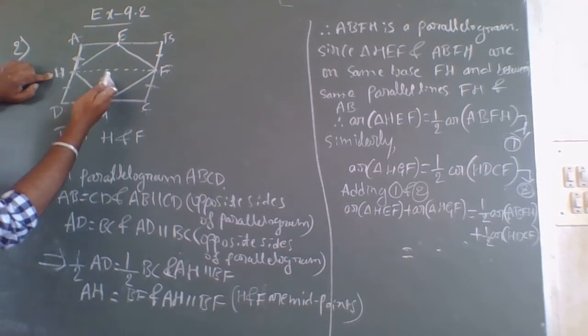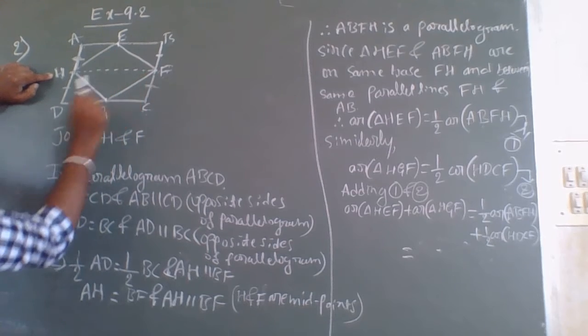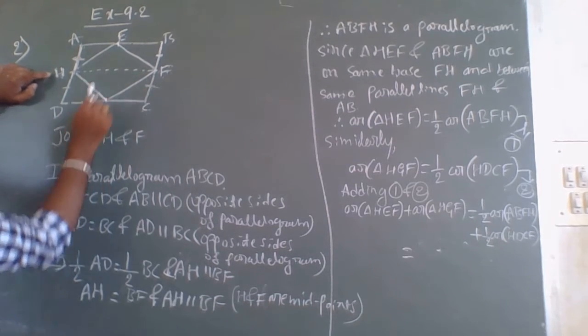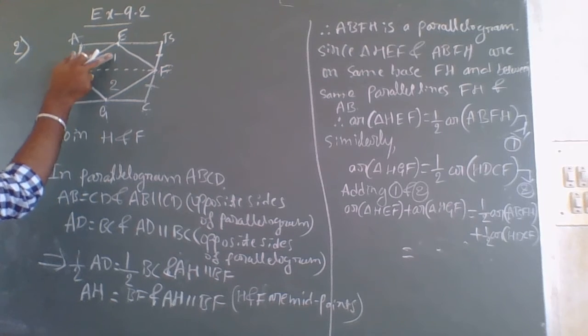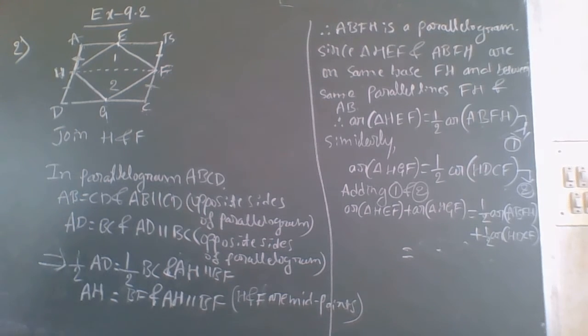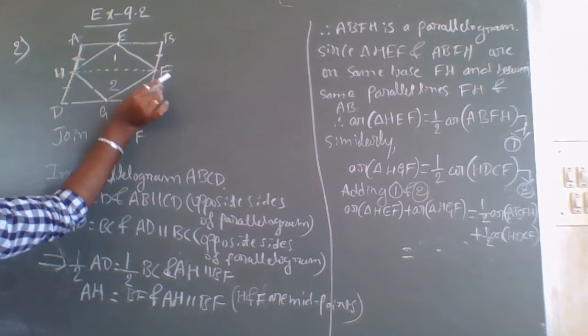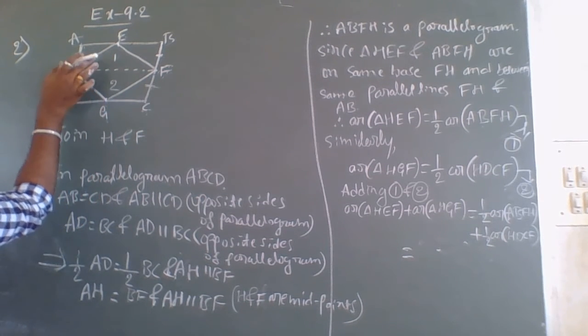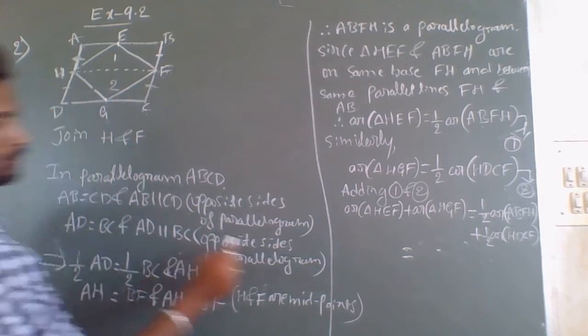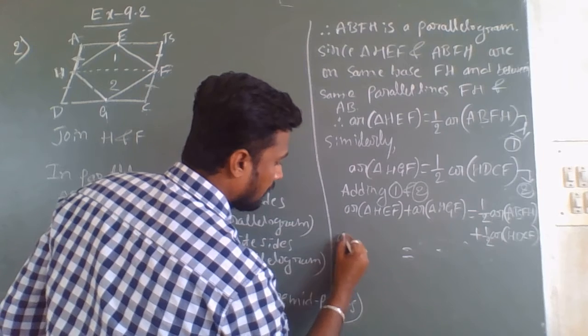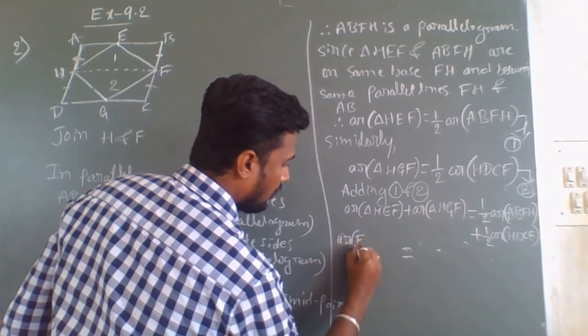This is triangle 1 and this is triangle 2. When we add these two, we will get the quadrilateral EFGH.